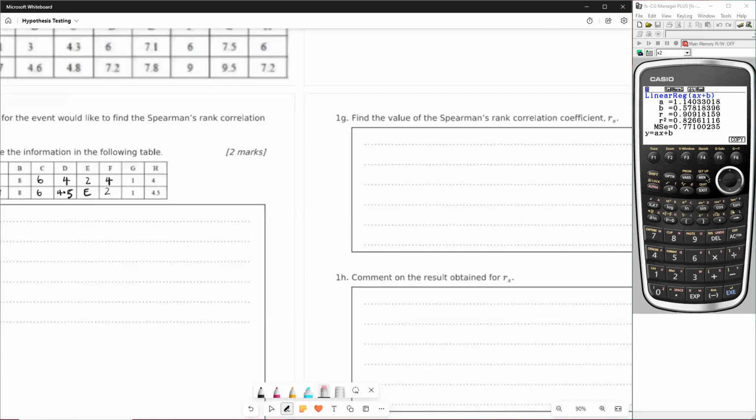So that means we have to go back to the menu, go back to regression, and use the same list, well, not the same list. We're going to change the numbers now, but use the same method that we just did to find the Pearson product moment correlation coefficients.